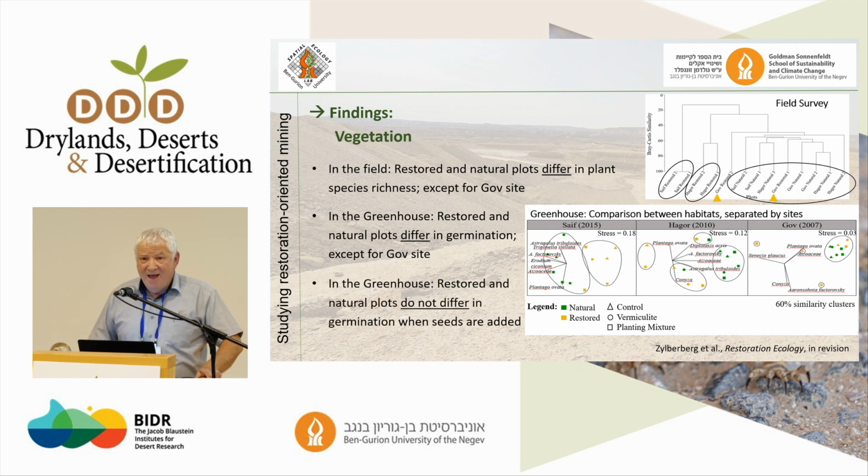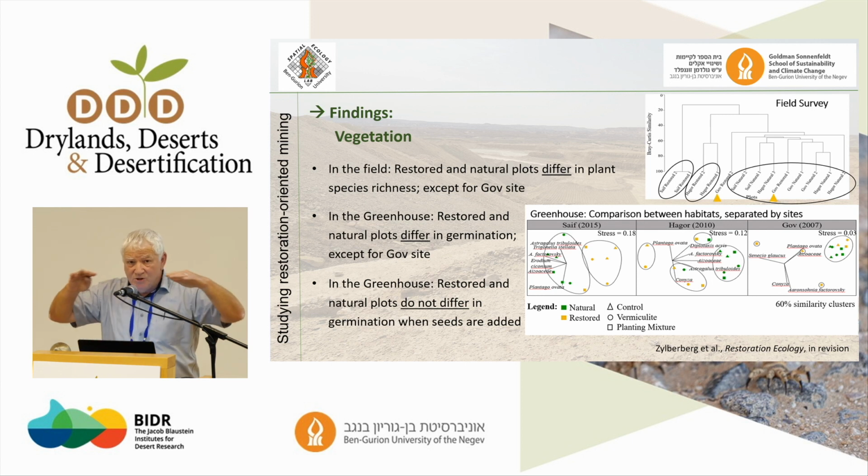And something really interesting that Tom did: we bought seeds from the seed bank in the Volcani Center. We brought into the greenhouse soils from the restored and natural plots at different sites, and we germinated these seeds. We didn't find any significant effect in germination between the different soils.